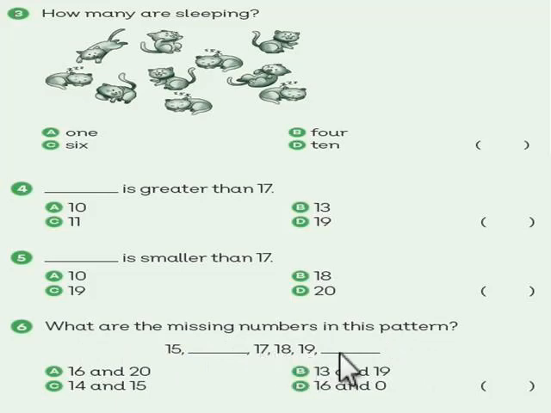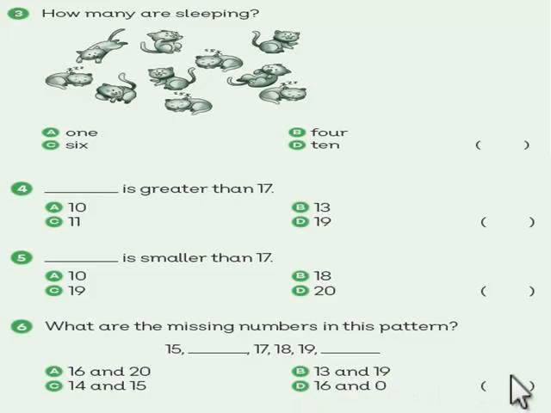This one is 16. This is 20. B, 13 and 19. C, 14 and 15. Or D, 16 and 0. A, B, C, or D? Write your answer here. Very good.